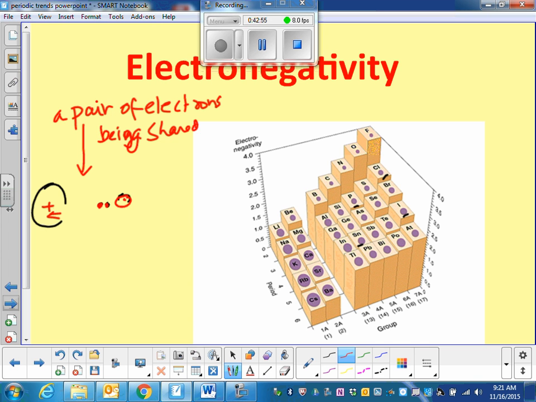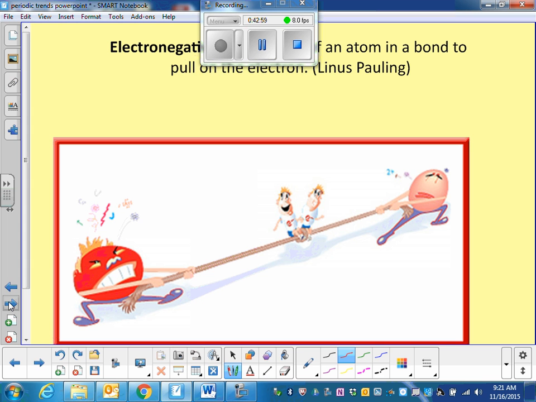So, electronegativity is defined as this pulling. Let's assume this is a couple. Which will pull more? The smaller one will pull more. And electronegativity always pertains to a bonded situation. They don't talk about a single atom, but now that they're bonded, which has more control?